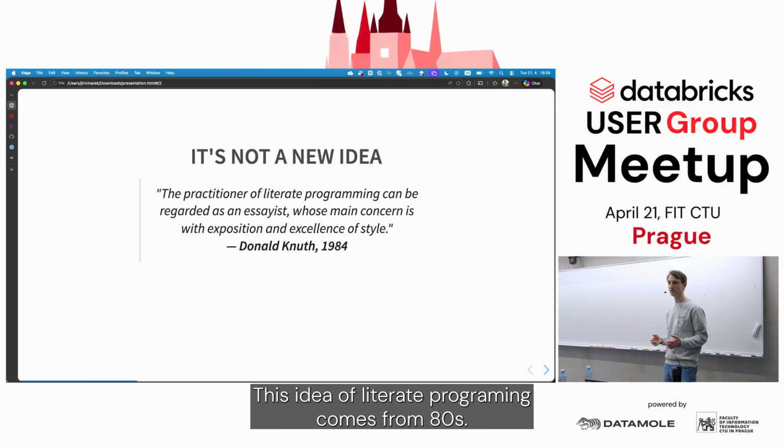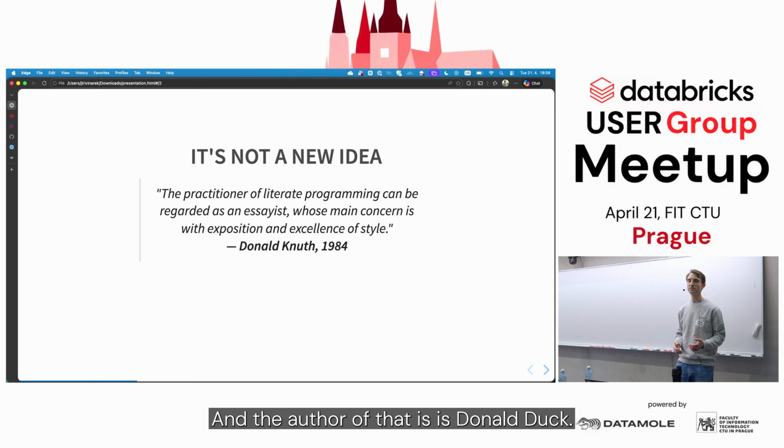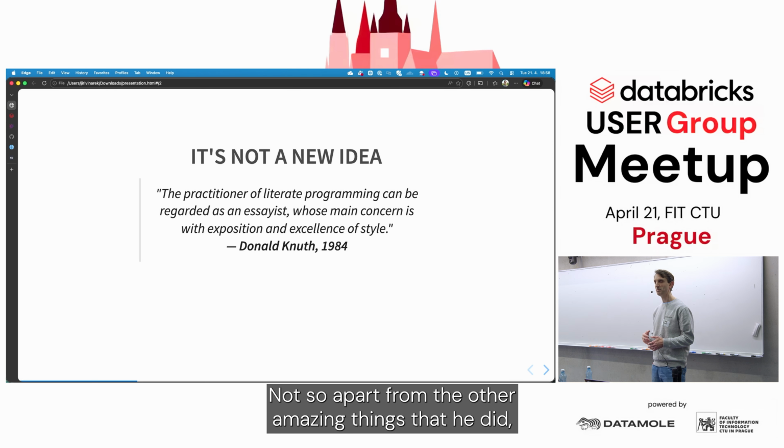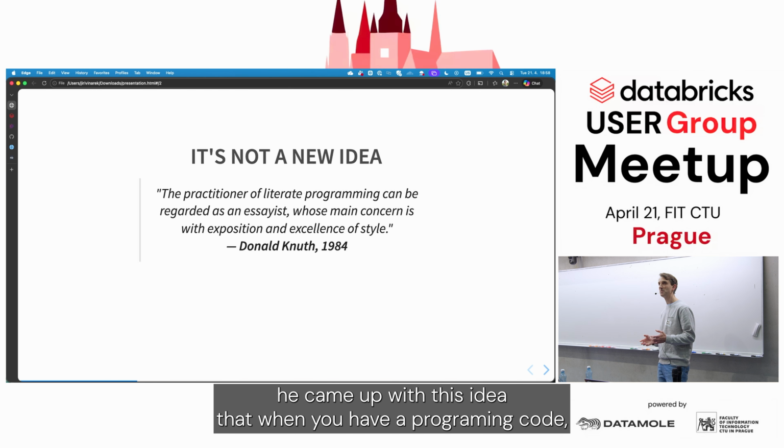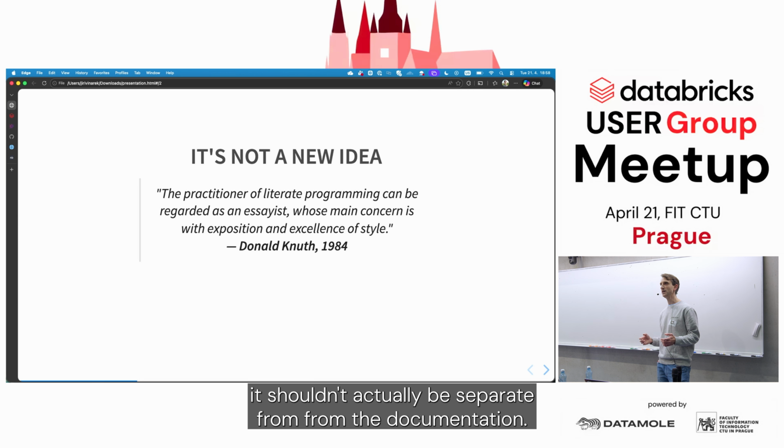This idea of literate programming comes from the 80s, and the author of that is Donald Knuth. So apart from the other amazing things that he did, he came up with this idea that programming code shouldn't be separate from the documentation.